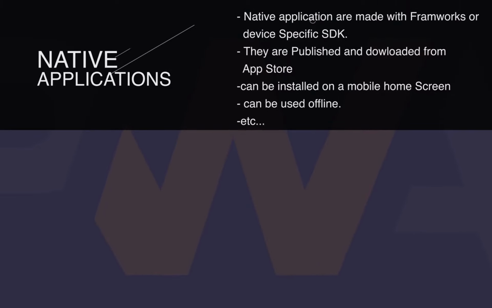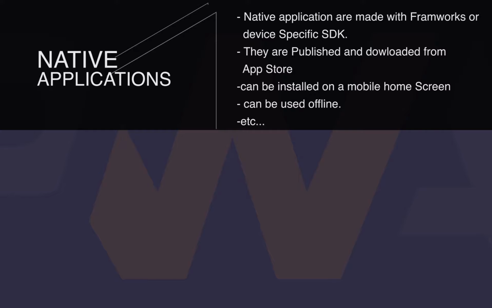Native applications are built using frameworks and device-specific SDKs. For example, in my previous tutorial, I talked about cross-platforms and about different frameworks that we can use to create an application.